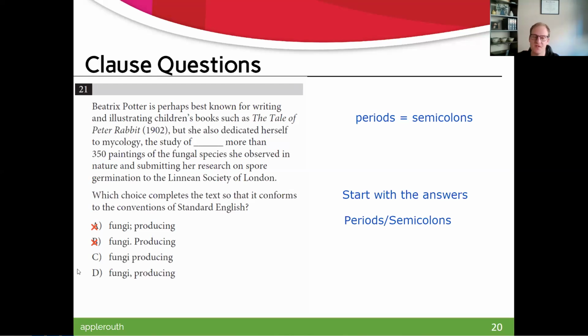Then we look at C versus D to see if we can get away with no pause. But in this case, it says Beatrix Potter is perhaps best known for writing and illustrating children's books such as The Tale of Peter Rabbit, but she also dedicated herself to mycology, the study of fungi, producing more than 350 paintings. If you make that long pause and it sounds okay, then you know we need it.